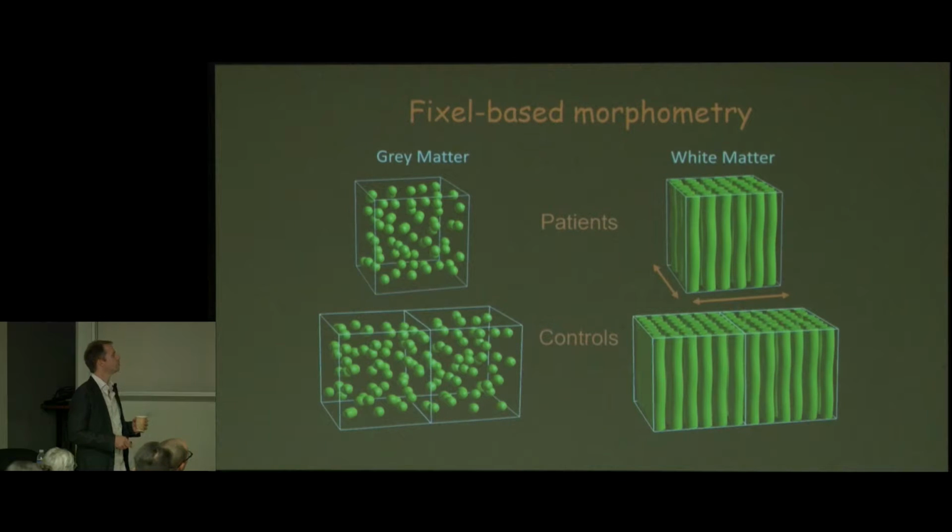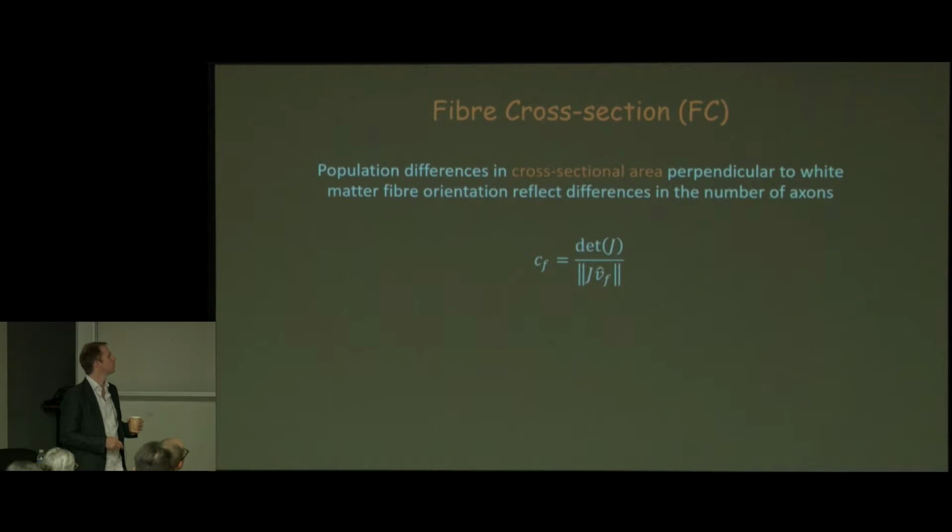We want to be able to resolve the change in cross-section perpendicular to the fiber axis. And it turns out it's quite simple to do that. All we have to take is what you'd normally use to get the change in volumes, the determinant of the Jacobian, and divide by the modulated length of the direction that you're talking about.